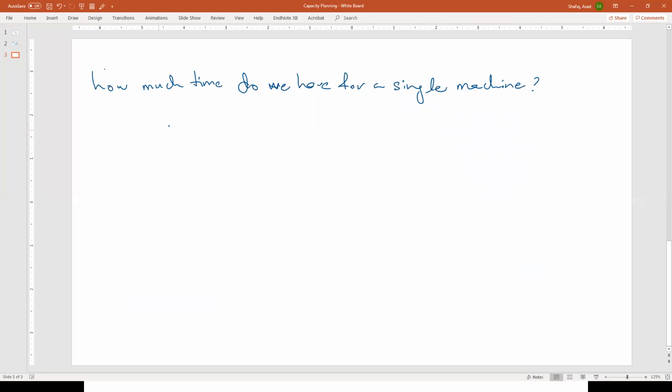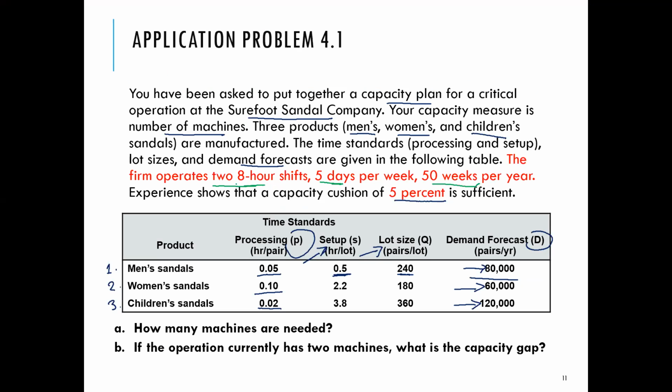So basically, if we have one machine that is run for 8 hours a shift, there are 2 shifts. So basically 16 hours a day times 5 days a week times 50 weeks per year.